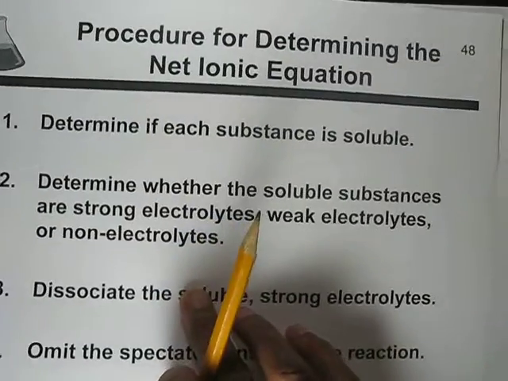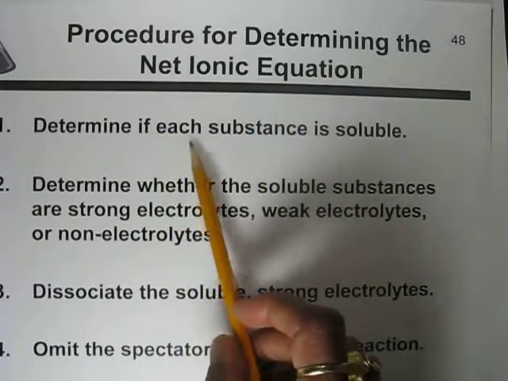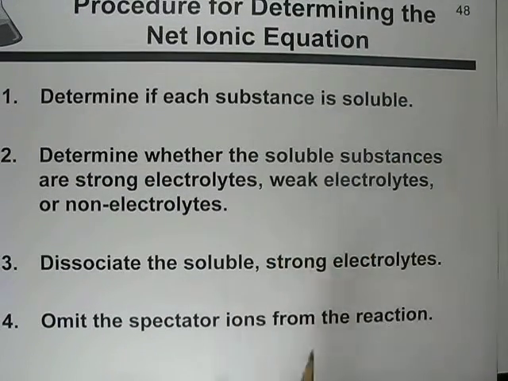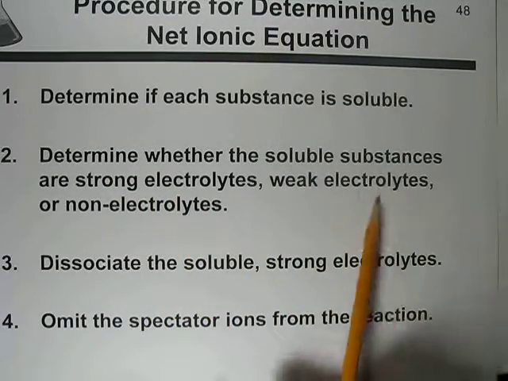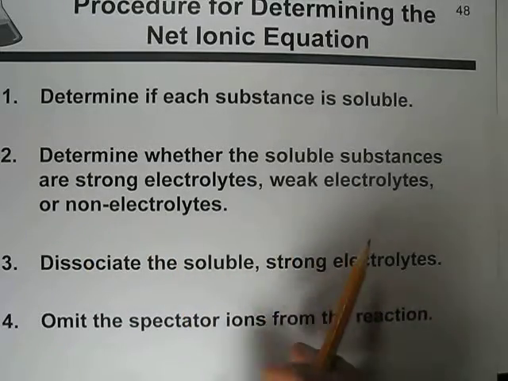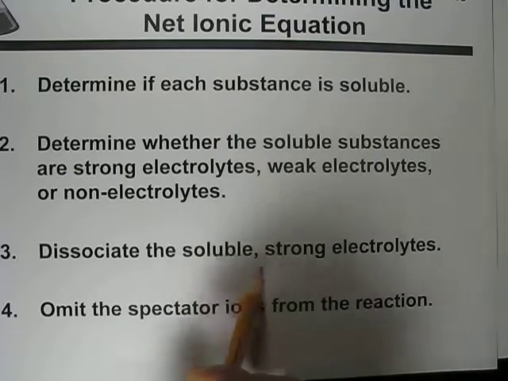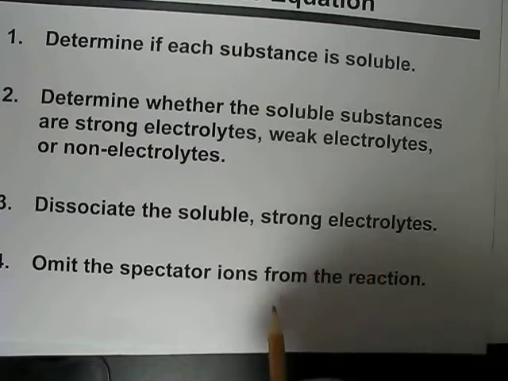Next is how to determine the net ionic equation. The procedure: first, determine if each substance is dissolved; second, determine whether the soluble substances are strong electrolytes, weak electrolytes or non-electrolytes; third, dissociate the soluble strong electrolytes; and fourth, omit the spectator ions from the reaction.